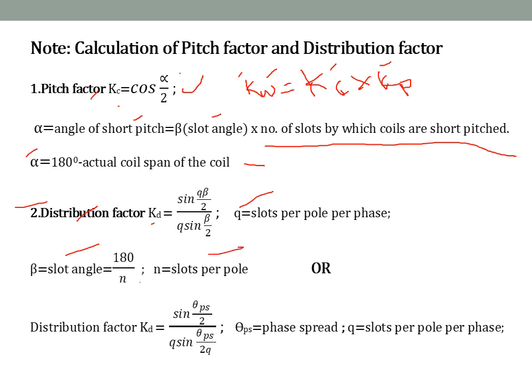Kd can also be found using this equation: Kd is equal to sin theta ps by 2 divided by Q sin theta ps by 2Q, where theta ps is the phase spread and Q is slots per pole per phase. Using this we can find Kd, and later we can find Kw.